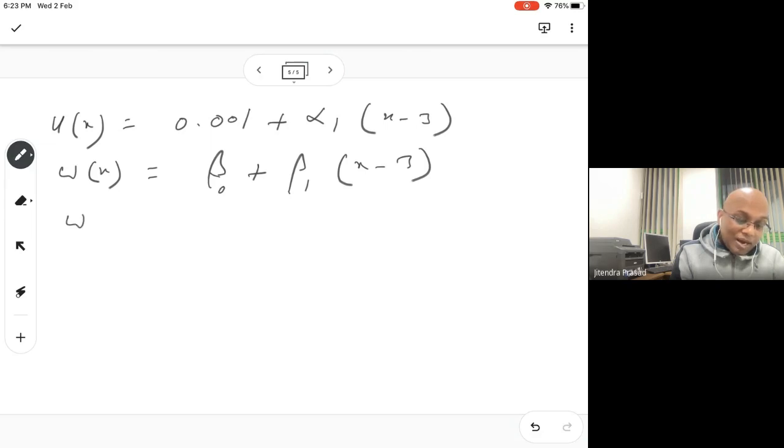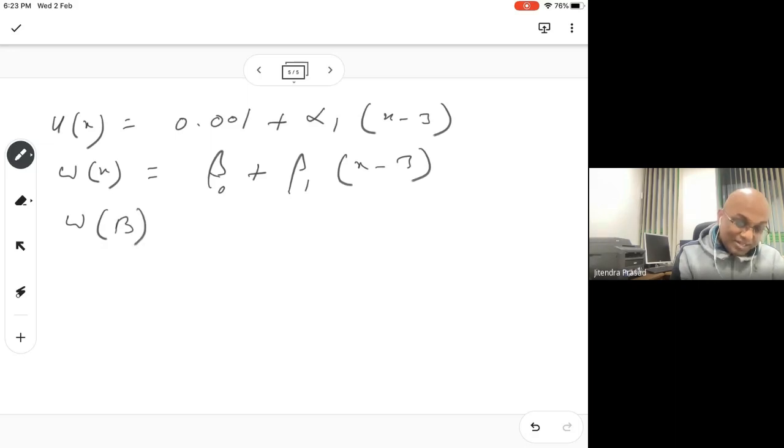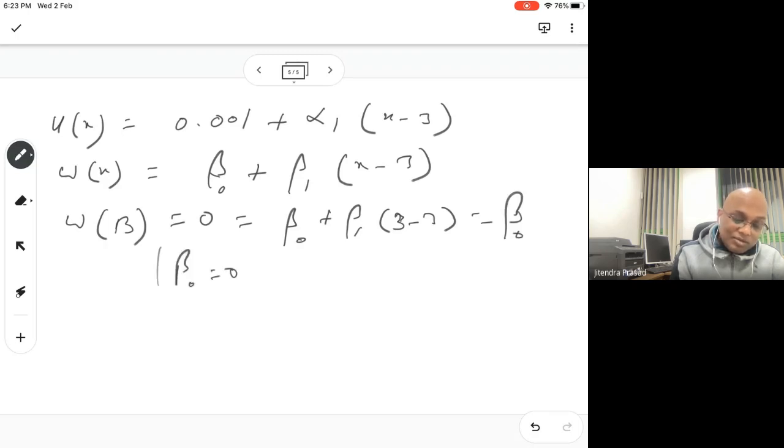We want w at 3 to be equal to 0, right? So you want beta naught plus beta 1 times 3 minus 3, which is equal to beta naught. So what do you get? You get beta naught equal to 0 only. So you have wx as beta 1 times x minus 3.